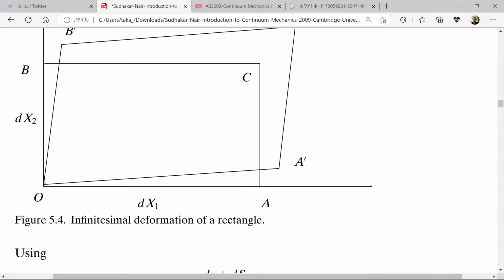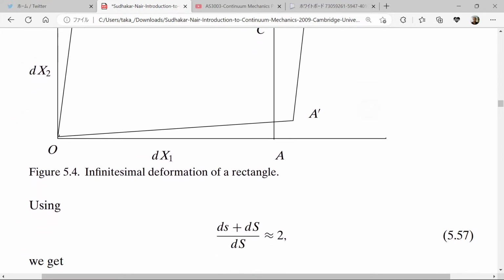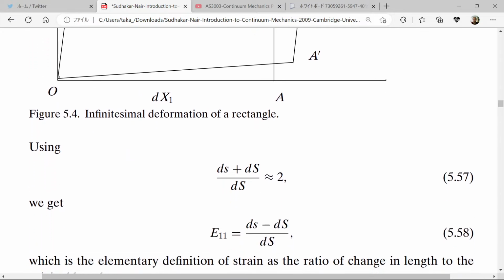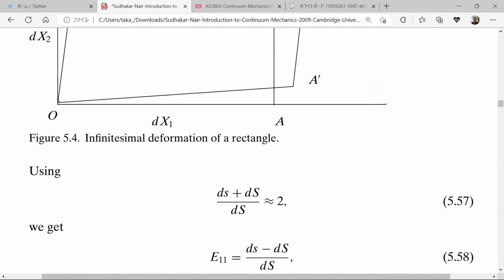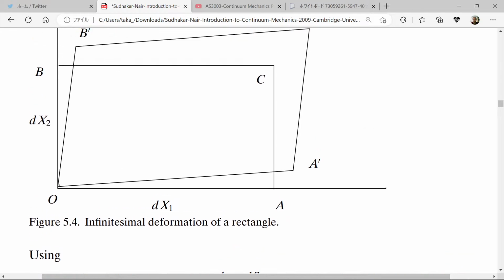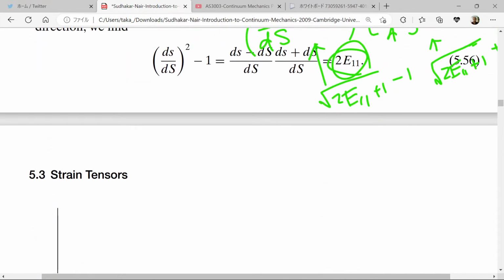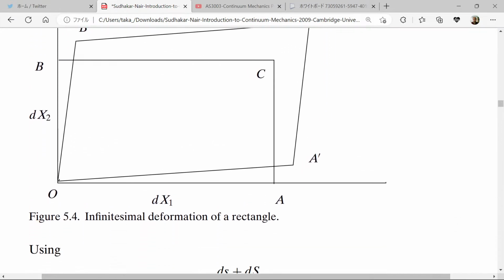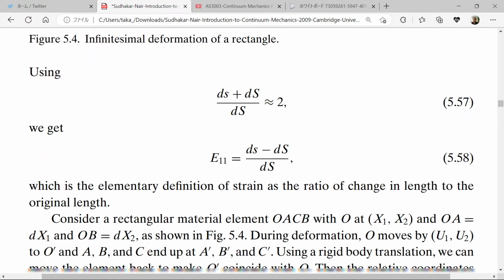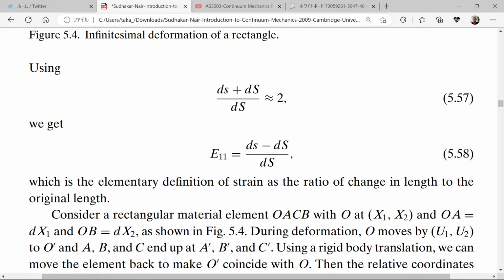Infinitesimal deformation of a rectangle using ds minus d large S divided by d large S is approximately E11. E11 is extension.